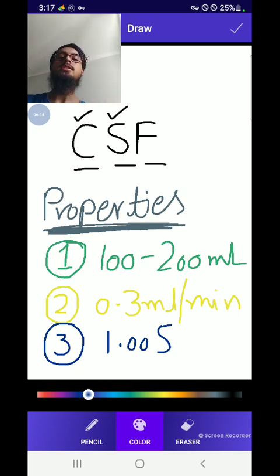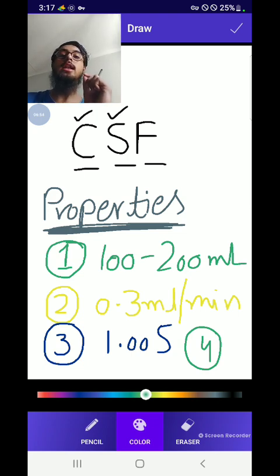Okay guys, these are the properties of the CSF. And one more very important property is the pH of the CSF. The fourth property of CSF is the pH. The pH of the CSF is alkaline, 7.33.